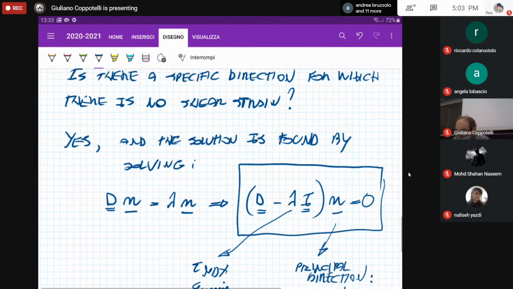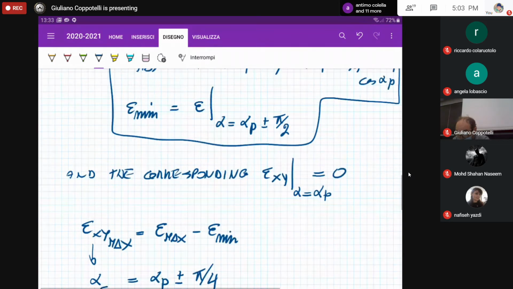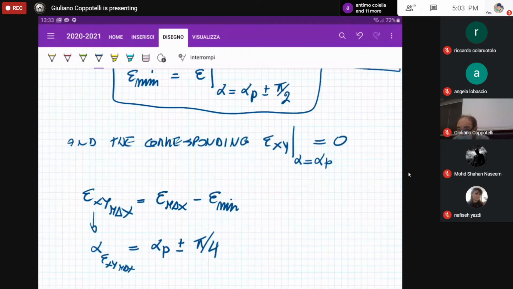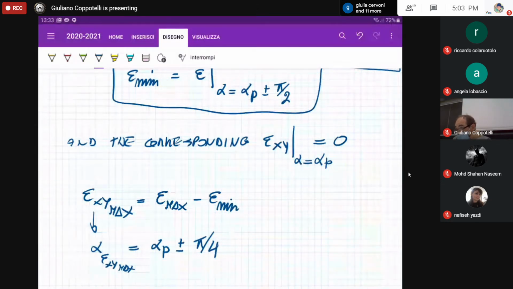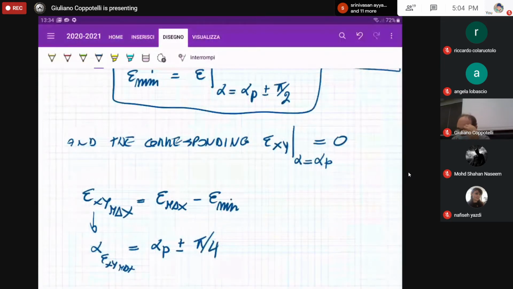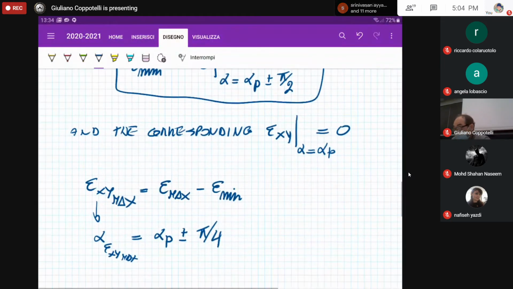I also introduced the direction in which there is the maximum value of the shear strain. This direction is shifted by pi/4 with respect to the principal direction, and the value of the maximum shear strain is the difference between the maximum and minimum strain.